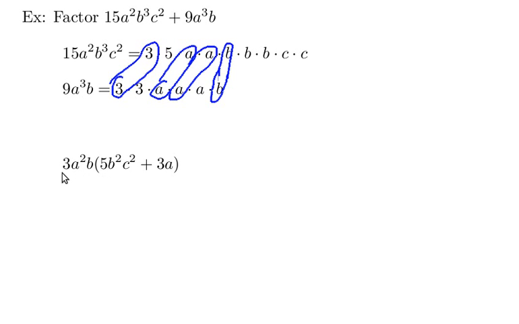So this is going to be the final answer, but we can go ahead and check that answer pretty easily by multiplying these two things out. So we have 3a squared b times 5b squared c squared.